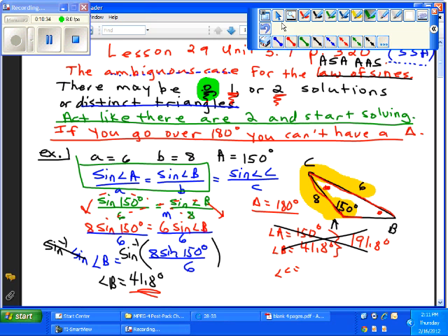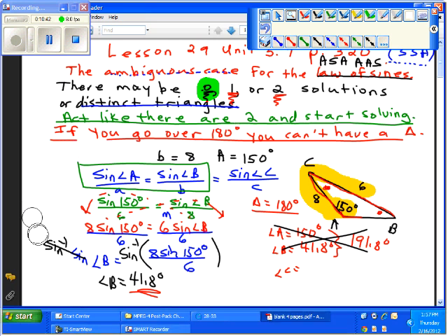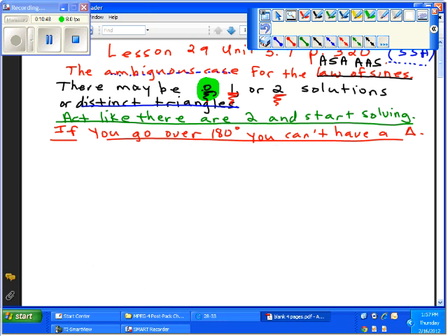Now, let's stop for just a second and think before we go to the next example. I'm going to erase all of this, and then I'm going to talk about what has to be true for something to be a triangle besides the fact that the sum of the angles of a triangle is 180 degrees.